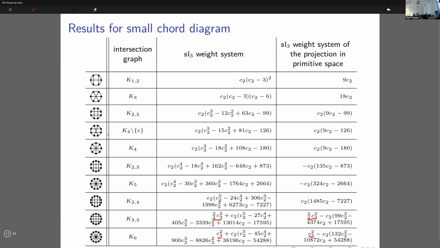And therefore, these computations can serve as additional evidence for my conjecture that if the intersection graph of a chord diagram does not contain a cycle of length 2L, then the degree of the value of the weight system on its projection to primitives is at most L. This is an additional confirmation and additional evidence which makes the conjecture even stronger than it used to be.